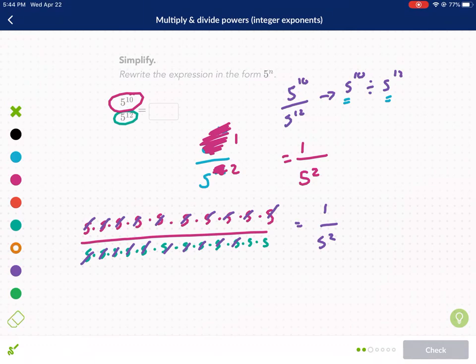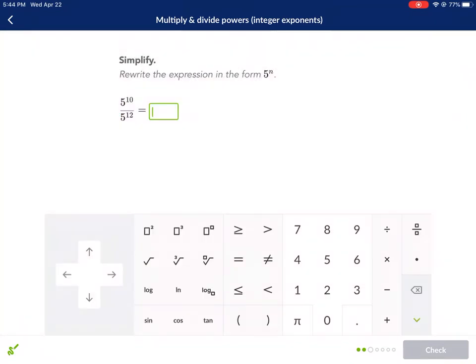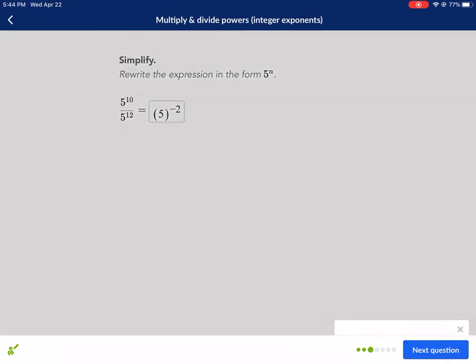We are going to subtract the exponents, the one on the left minus the one on the right. So it becomes 5 to the 10 minus 12 power, which of course equals 5 to the negative 2. That's equivalent to 1 over 5 squared. So let's go ahead and write 5 to the negative 2 power, and check it.